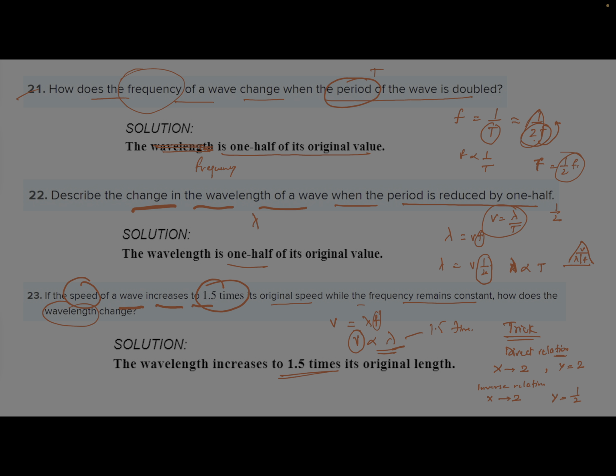So there are sentences. If the sentence says times, 2 times, 3 times, times means multiply. What does it mean? Multiply, okay, it will get multiplied, double, triple, all these are multiplication.